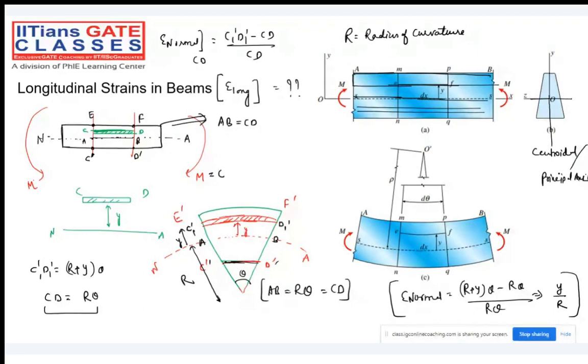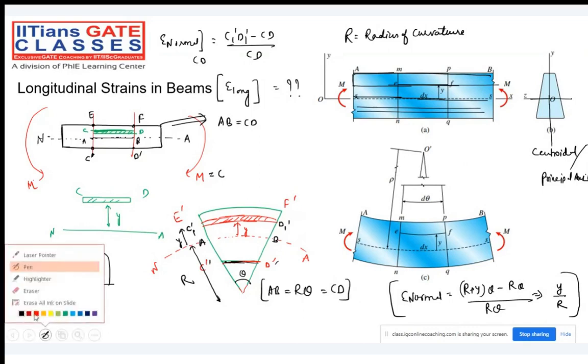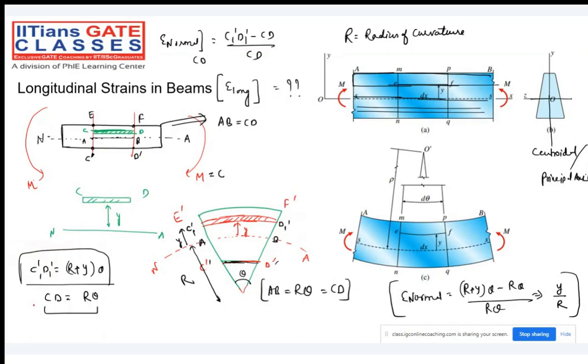Don't look at CD after bending. After bending, there is no CD. CD has been converted to C1 dash D1 dash, and that is what we have found from the formula of the circle. So from here, what is the conclusion? The normal strain is directly proportional to y.